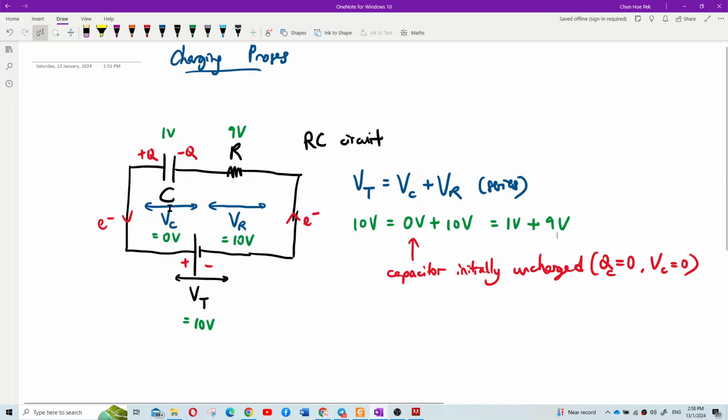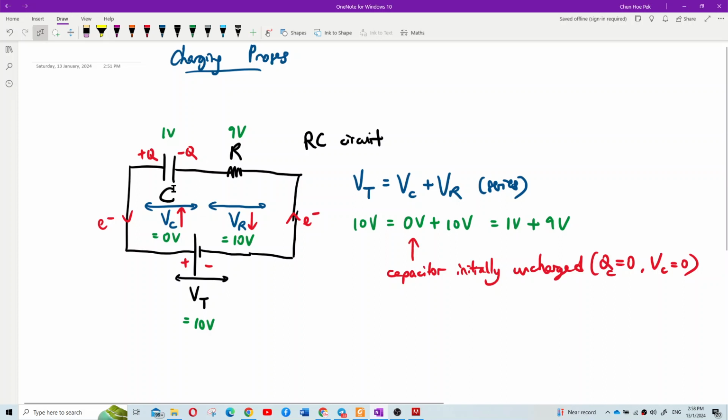That means the voltage of the capacitor starts to increase and the voltage for the resistor starts to drop when the charging happens. So from 0 it becomes 1. The capacitor increases, but the resistor starts to decrease.